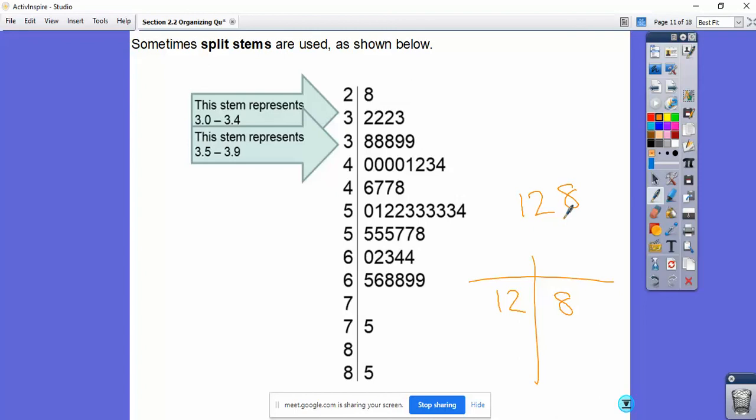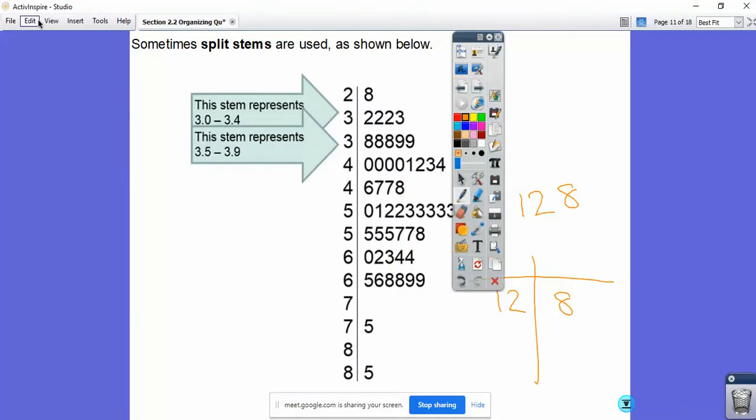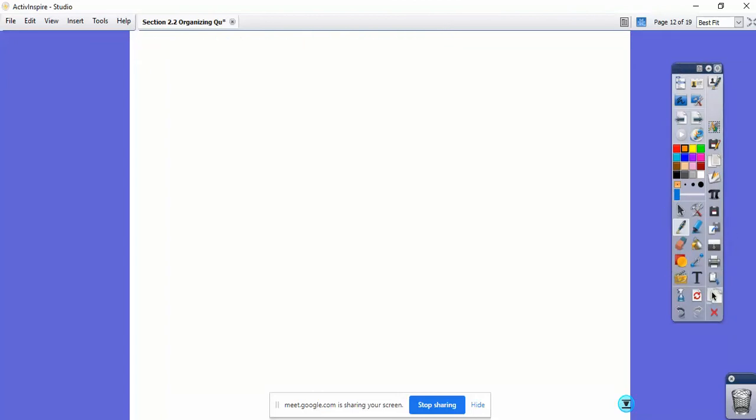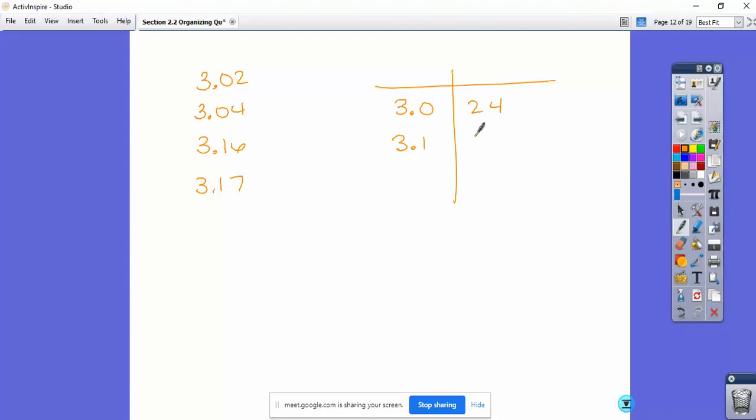So if my data were 3.02, 3.04, 3.16, 3.17, then my stems would be 3.0 with a 2 and a 4, and 3.1 with a 6 and 7. Is that okay with everybody?